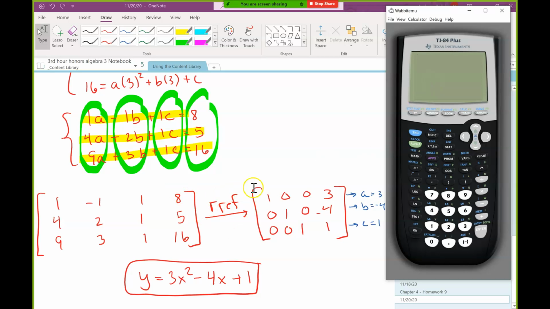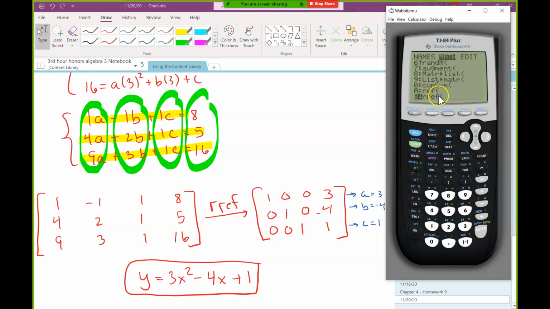And now I'm going to retrieve the RREF command. So I'm going to go back to the matrix menu by pressing second, and then the X to the -1 button. This time I'm going to go over to the Math tab, so I'll press the arrow button to move over to the Math tab, and I'm going to scroll down till I find the RREF command, making sure that I pick the RREF command and not the REF command. You should have two R's.